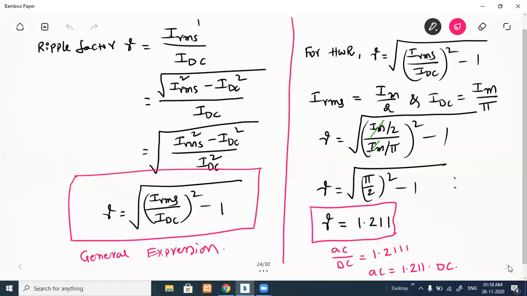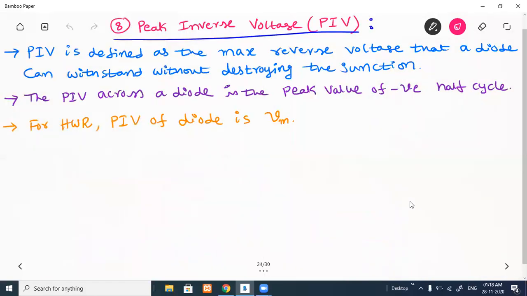Then the next parameter of half-wave rectifier characteristics is peak inverse voltage, PIV. So this PIV is defined as the maximum reverse voltage that a diode can withstand without destroying the junction.